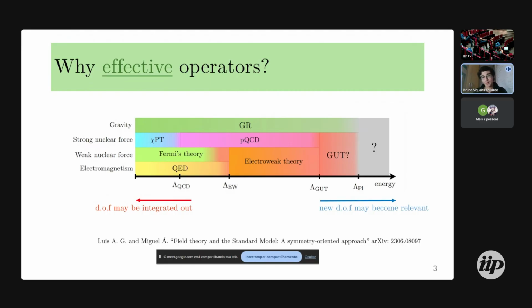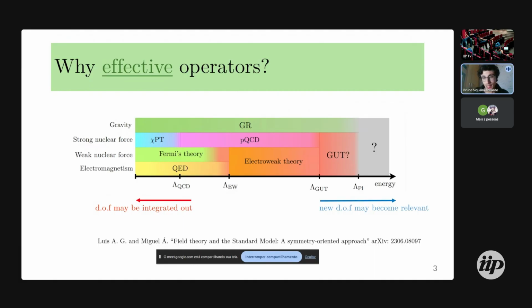As you can see, there are several examples. You can do effective field theories with gravity, for example. You can take the Einstein-Hilbert action and start including higher dimensional terms composed of the Ricci tensor, and you can always try to parameterize your ignorance in this way.